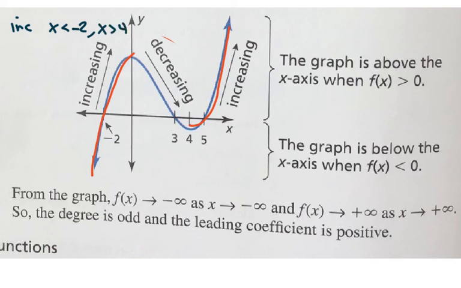Those are two pieces not connected. You cannot put them into one inequality. But the decreasing section, this yellow section in the middle, climbing down the hill, is an in-betweener. So in-betweeners, you do write together. You say it starts at -2, is less than x, which is less than 4.